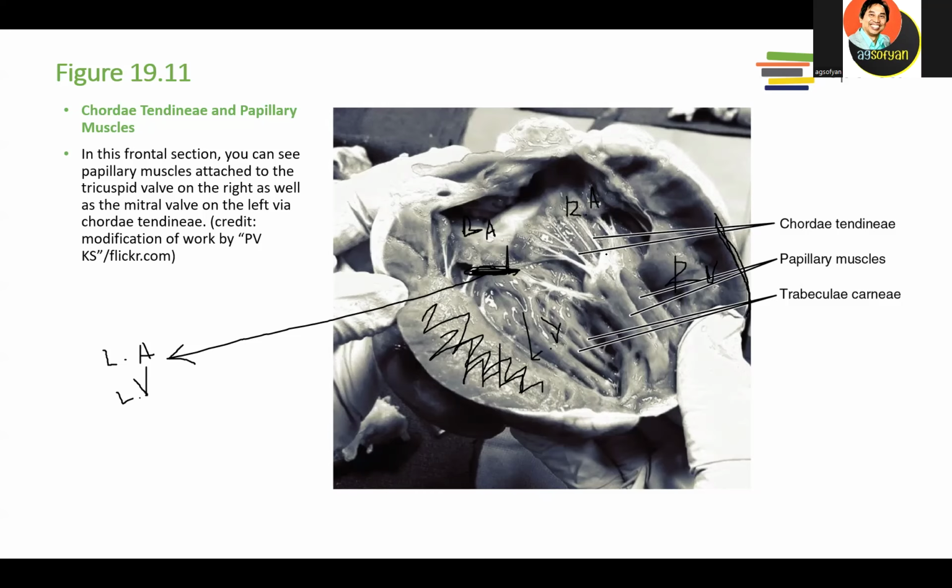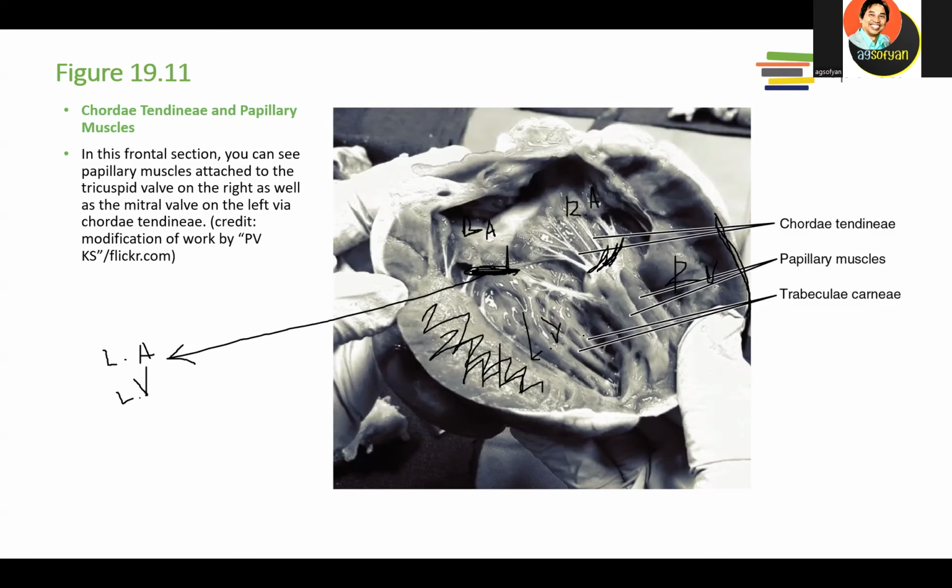On the right side, there is also a valve over here. And this valve is called the tricuspid valve because it has three cusps. Therefore, it's called the tricuspid. That's the valve between right atrium and right ventricle.